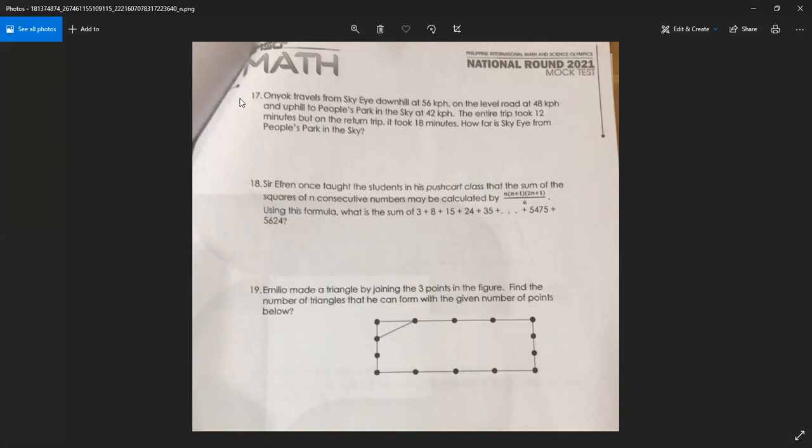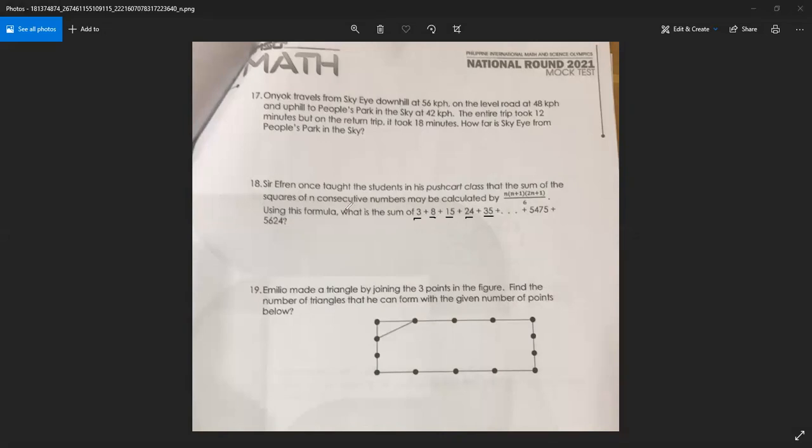Notice this one. 3 is actually 4 minus 1. 4 is a square number, correct? 4 minus 1 is 3. 8 is actually 9 minus 1, correct? 15 is actually 16 minus 1. 24 is 25 minus 1. 35 is 36 minus 1.